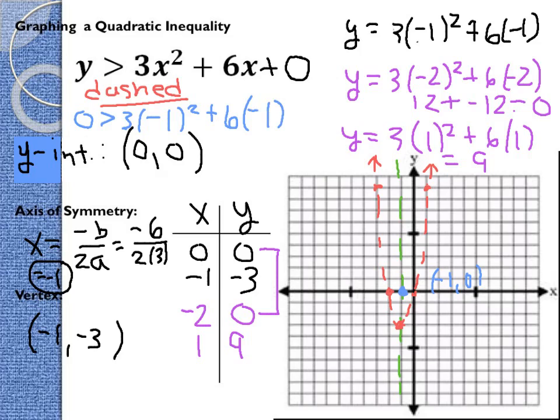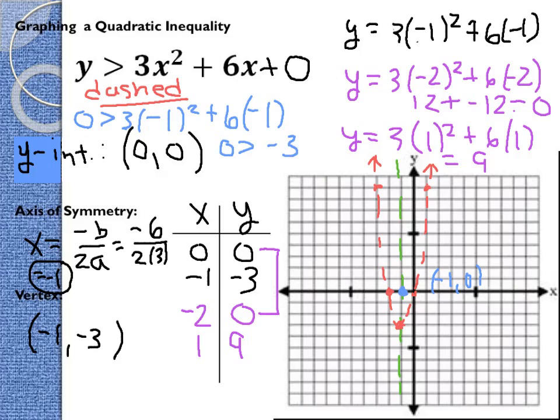So what this gives me then is 0 is greater than 3 times -1 squared, which is 1, so 3 times 1, plus 6 times -1. So that's 3 plus a negative 6, or negative 3. So I get 0 is greater than negative 3.